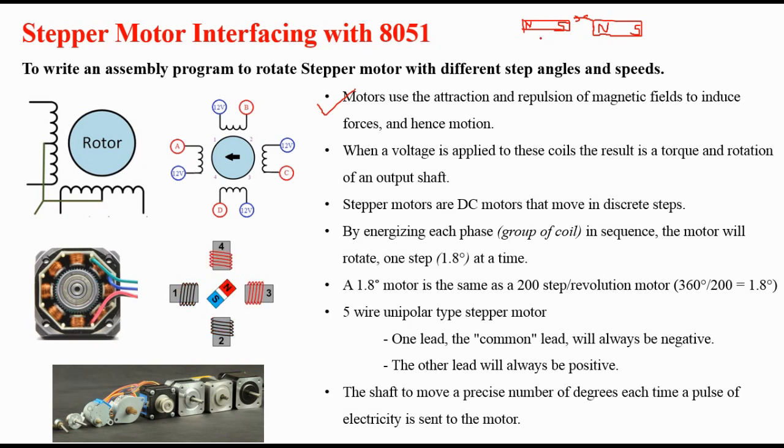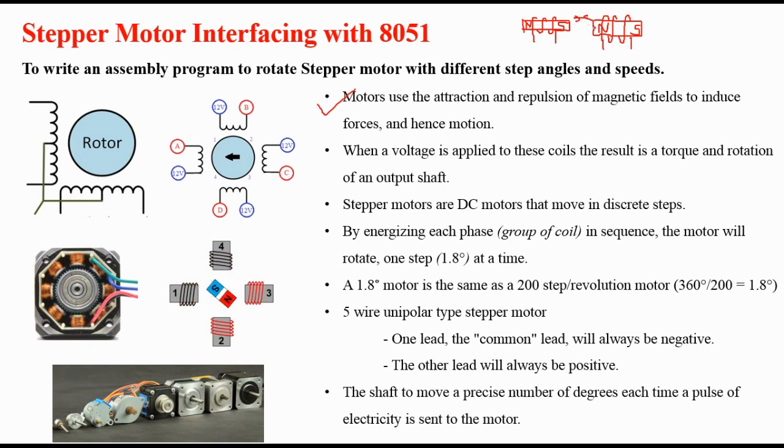Those bars can be magnetized with the help of a coil also, because as per Faraday's law, whenever current flows through a wire, a magnetic field will get induced around it. So if we allow the current to flow, the magnetic field will get induced and it will create the poles like this.